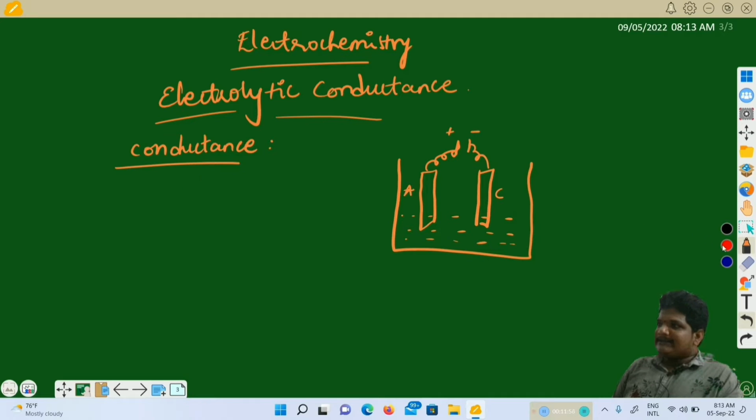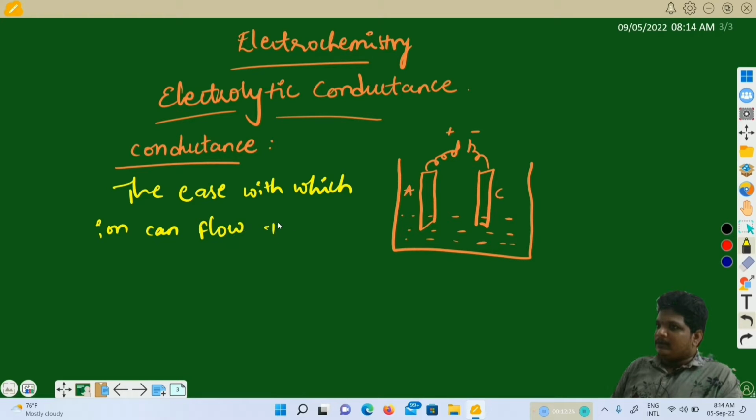Conductance is nothing but the ease with which ions can flow through an electrolytic solution.